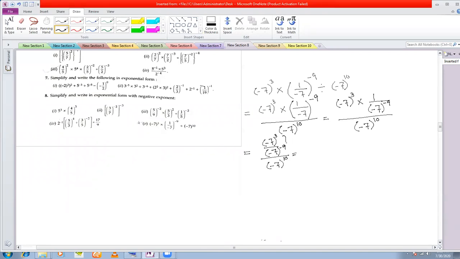Now this part is a to the power of m by a to the power of n form. So this is minus 7 to the power of 3 minus of minus 9, a to the power of m minus n, and this remains as it is.